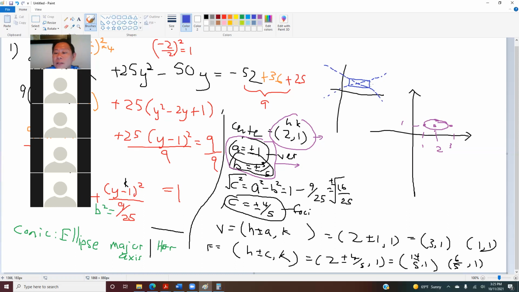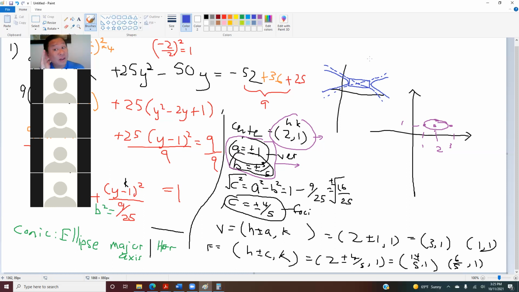And since your vertex is here, it opens sideways. So this is your hyperbola. The difference between ellipses and hyperbolas is that for an ellipse, the 4 points you draw form an ellipse. But for the 4 points when you go for a hyperbola, you draw the box and then draw the asymptotes. That's the only difference between how you draw your ellipse and your hyperbola.